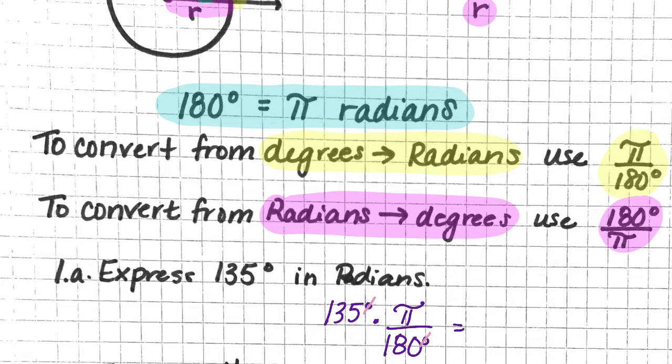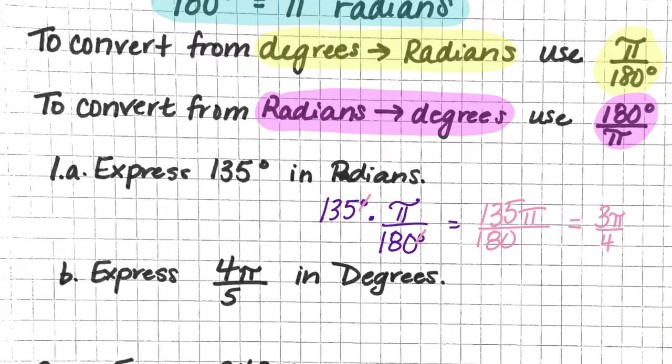Notice the degrees will cancel out, and I get 135 pi over 180. Now we know that this can be reduced, and I'm just going to encourage you, if you're doing this on a calculator, just look at these as numbers and pi as the variable. So if I do 135 and divide by 180 and hit math frac, or do it as a fraction, I know that this is equal to 3 pi over 4.